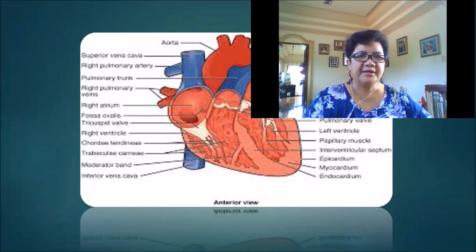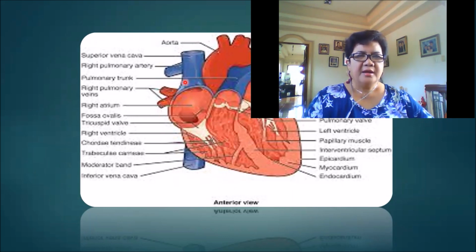What you have here is the right ventricle, and then you have the left ventricle here, and the right atrium, and the left atrium. Now you have here the great vessels of the heart.